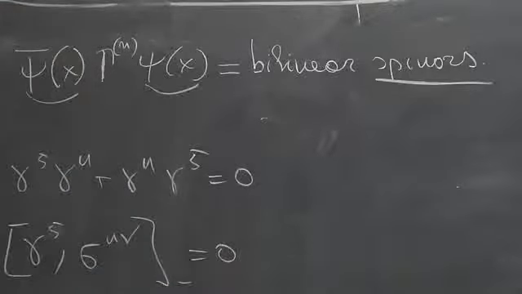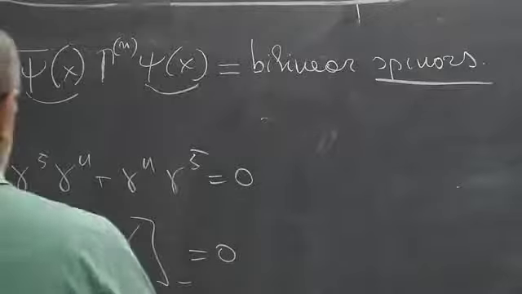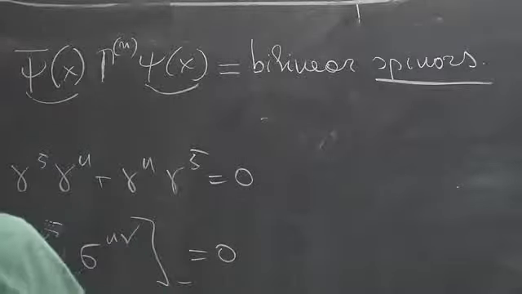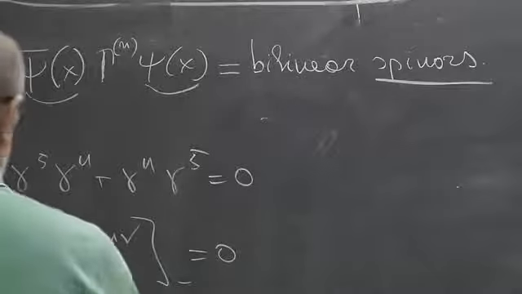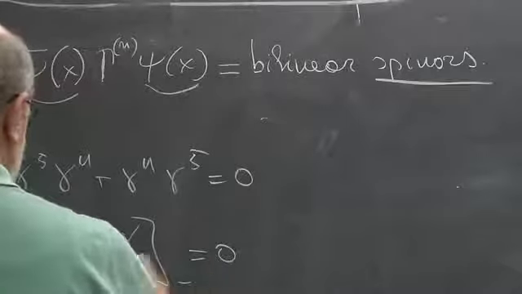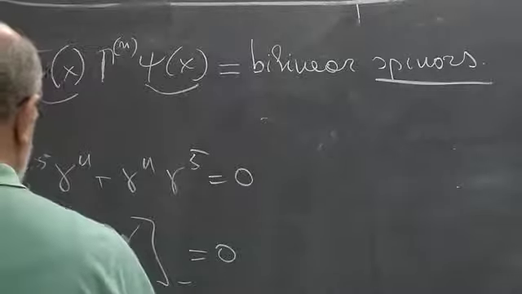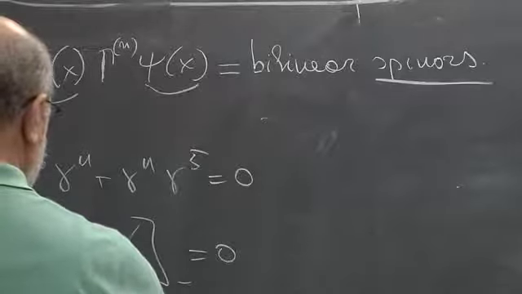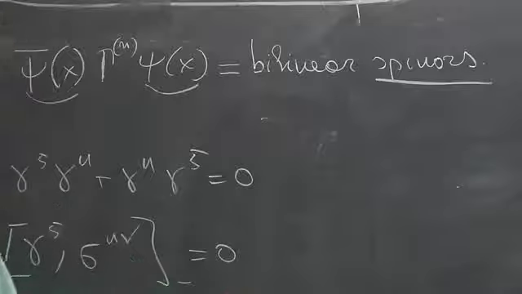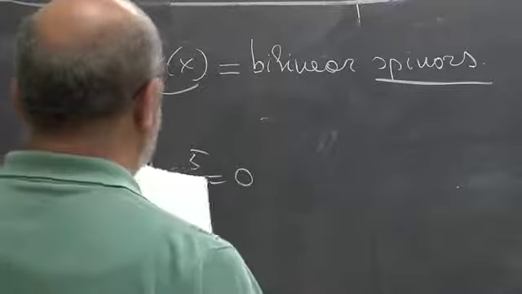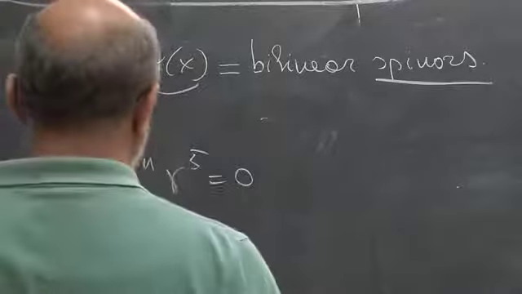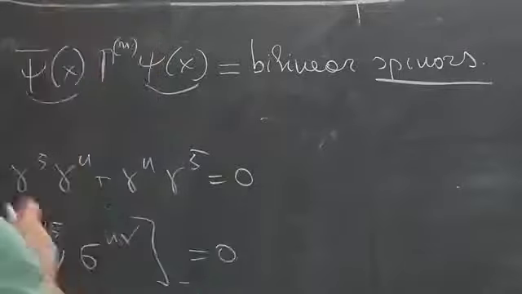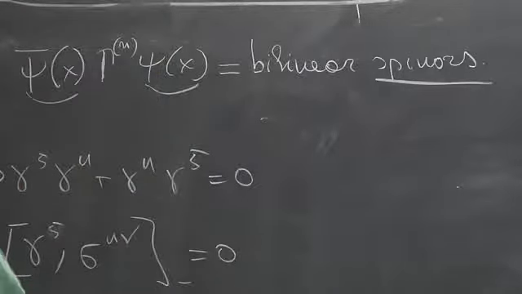Okay, and the reason is very simple. Let's do it. This object is proportional to gamma mu, gamma nu minus gamma nu, gamma mu, times gamma 5. Well, we will prove the first one also, but now let's prove this.